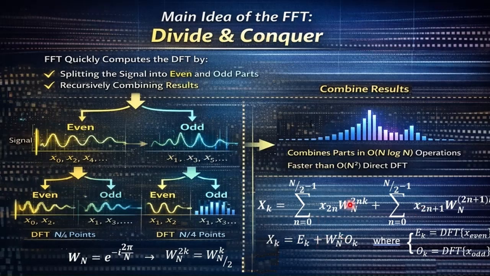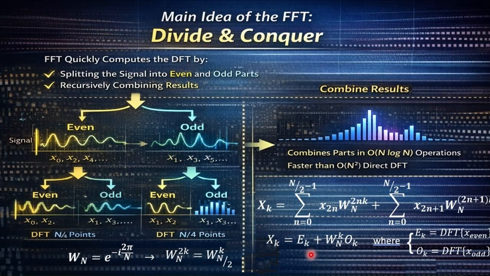We denote these two transforms as the DFT of the even samples and the DFT of the odd samples. Then the final result is obtained by combining these two smaller transforms, using the twiddle factors shown on the slide. So instead of computing one DFT of size n, we compute two DFTs of size n/2 followed by a simple combination.